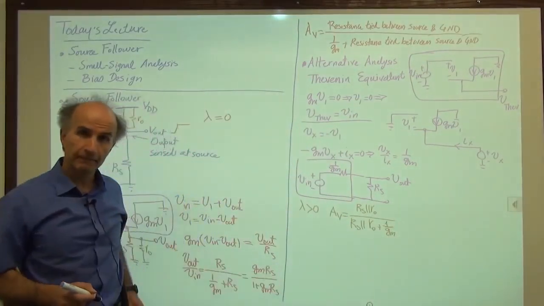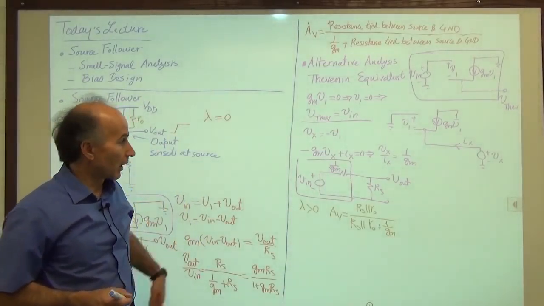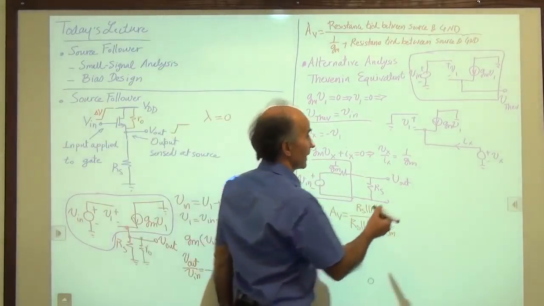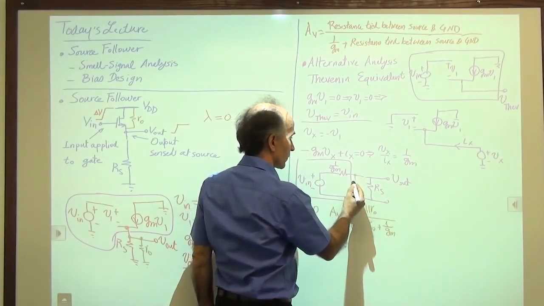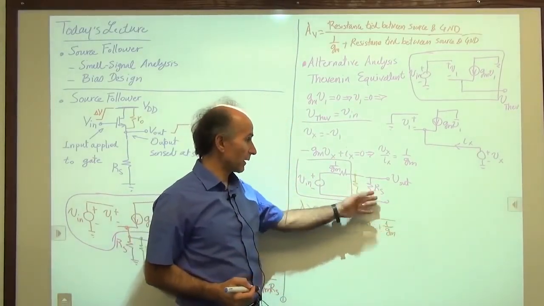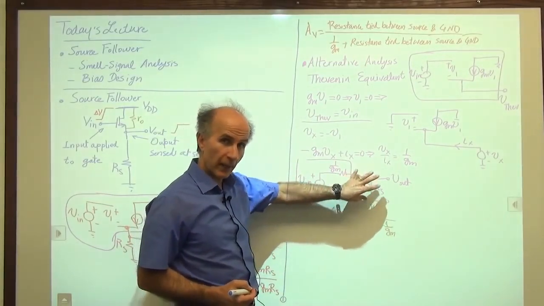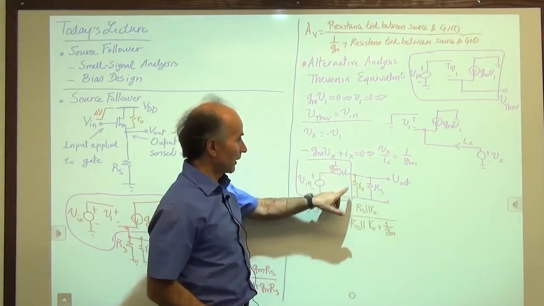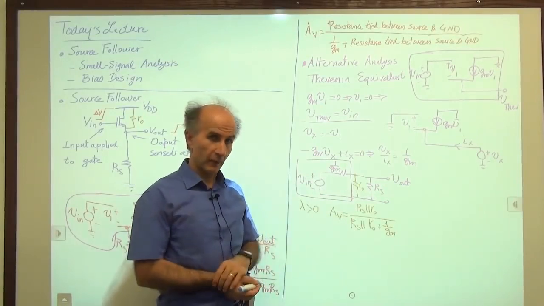So that's very easy, right? We could include that readily. I can also go back to this earlier analysis and notice the same situation, that RO is connected from the source to ground, so it gives me the same result. We have an attenuator consisting of RO in parallel with RS, divided by RO in parallel with RS plus 1 over Gm. So it's the same result.